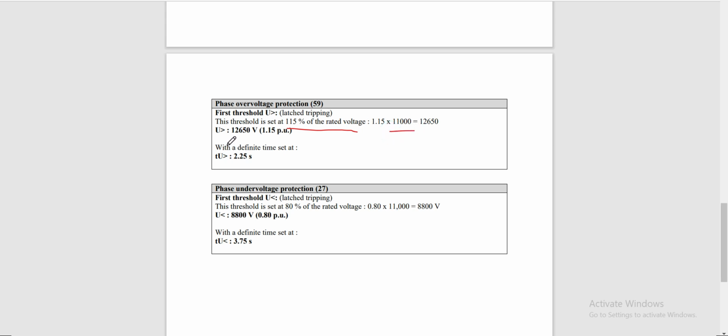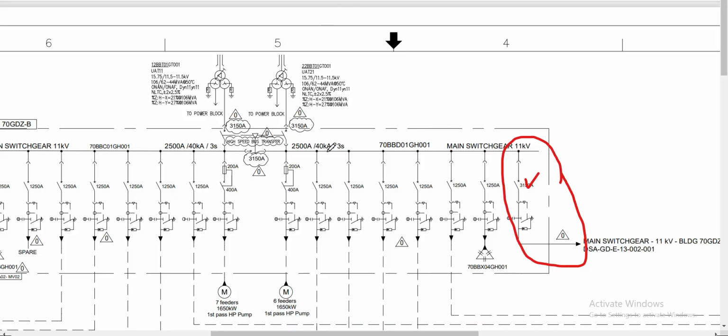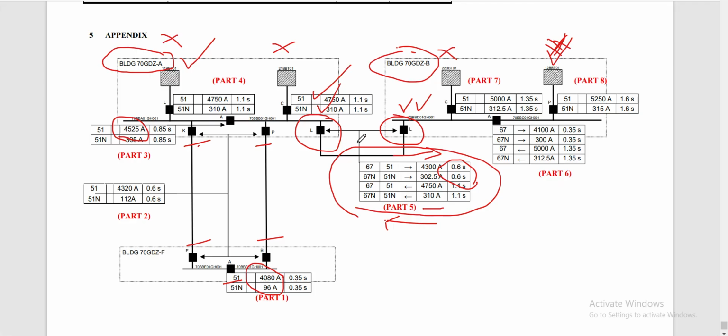Our pickup value here is 12,650 volts at 1.15 per unit, with a definite time set at 2.25 seconds.